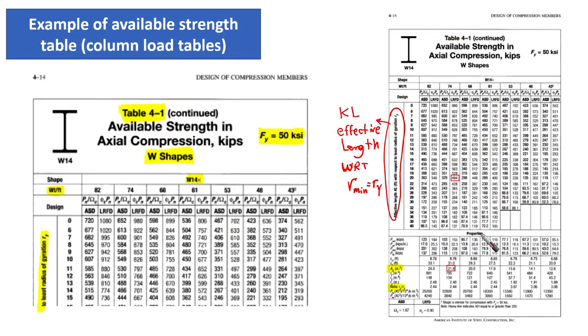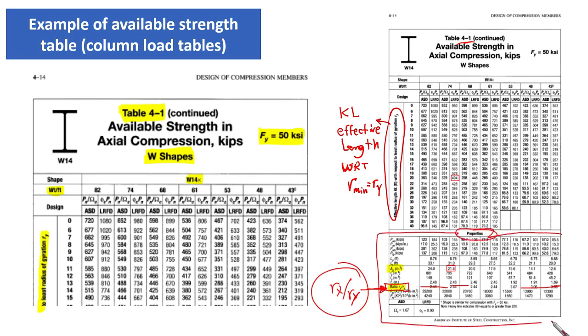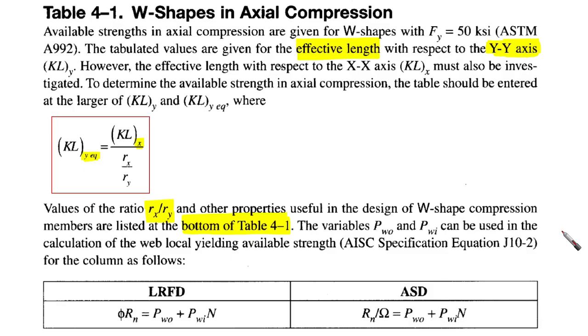This is the part I have already indicated, this is Rx over Ry, and you can read it from here. These tables are important because they provide properties you need while solving the problem or the example.